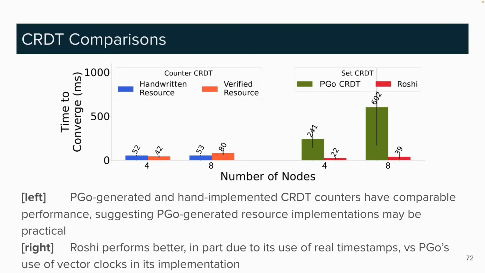Now, for our last comparisons, we have to measure something a little bit different. Previously we were measuring throughput, but in this case we have to measure time to convergence, which is a specific measurement for CRDTs. The issue is that if you just measured throughput, CRDTs can trivially just not synchronize.